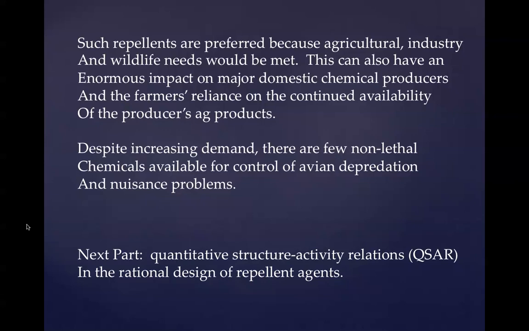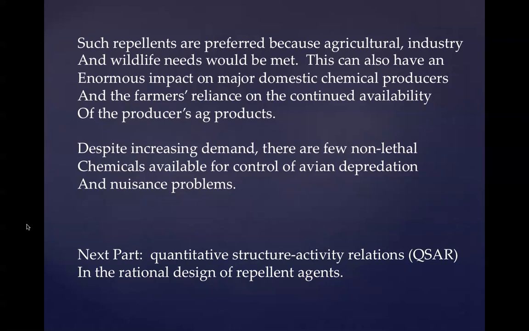Now, in the next part of this video, we will start to look at the quantitative structure-activity relations, QSAR, in the rational design of repellent agents. I have here in our department several different types of chemical software. I have ChemBioOffice, WaveFunction, and I can actually generate electrostatic potential plots showing what would be needed as an equivalent of a pharmacophore in a medicine.